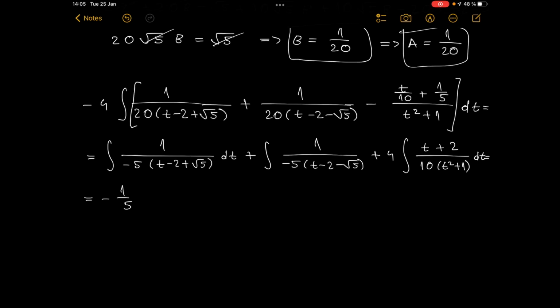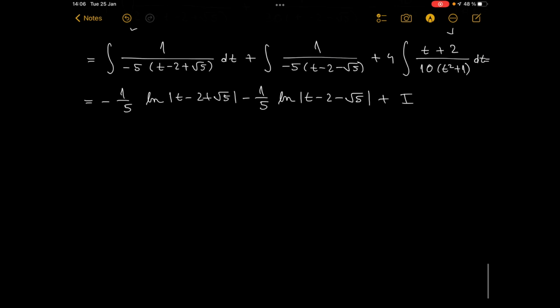These are all now easy to solve integrals of the natural log of t minus 2 plus square root of 5 plus the natural log, minus 1/2 of the natural log of t minus 2 minus the square root of 5, and plus, I'll just call this I. Okay, so I'm going to solve that right here.